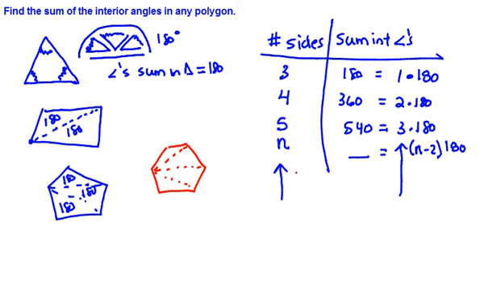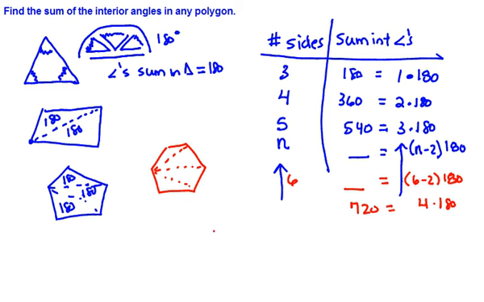So let's plug this into our formula. If I have 6 sides, I now have 6 minus 2 times 180. If I solve this, I have 4 times 180, which gives me 720 degrees for a 6-sided figure.